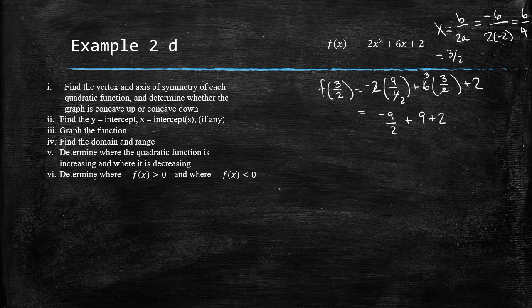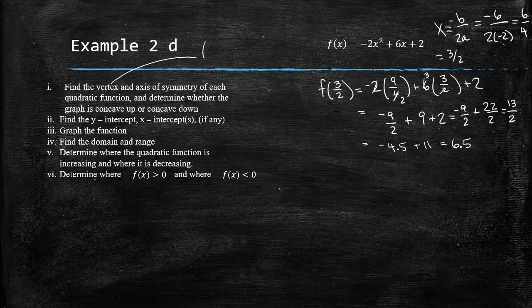We could either just get a common denominator, so negative 9 over 2 plus 11, which is 22 over 2. So we're at 13/2. Or negative 9/2 is the same thing as negative 4.5, and then we're adding 11. So we're at 6.5, right? So either way you want to write the number.